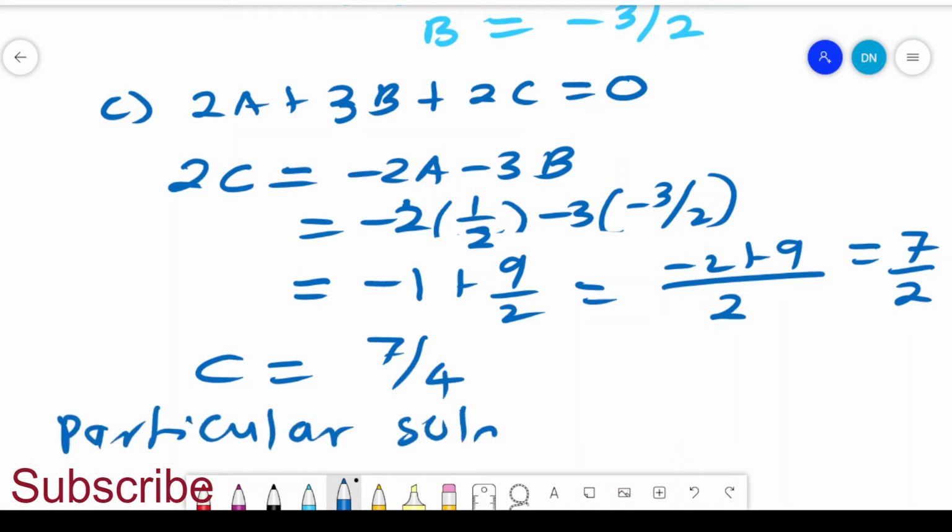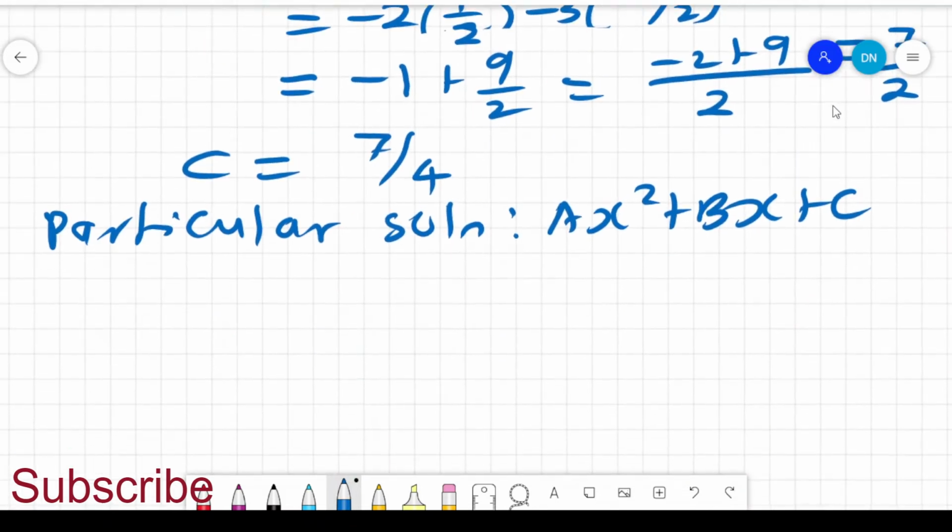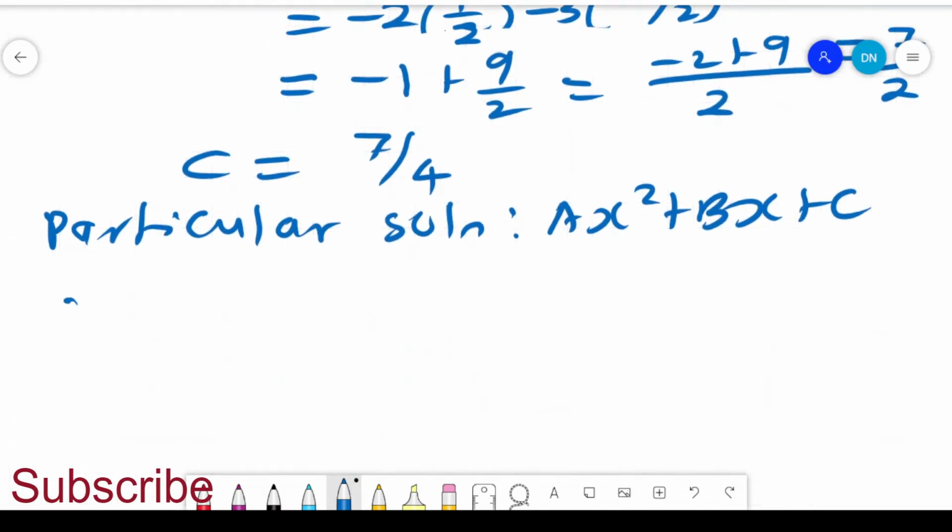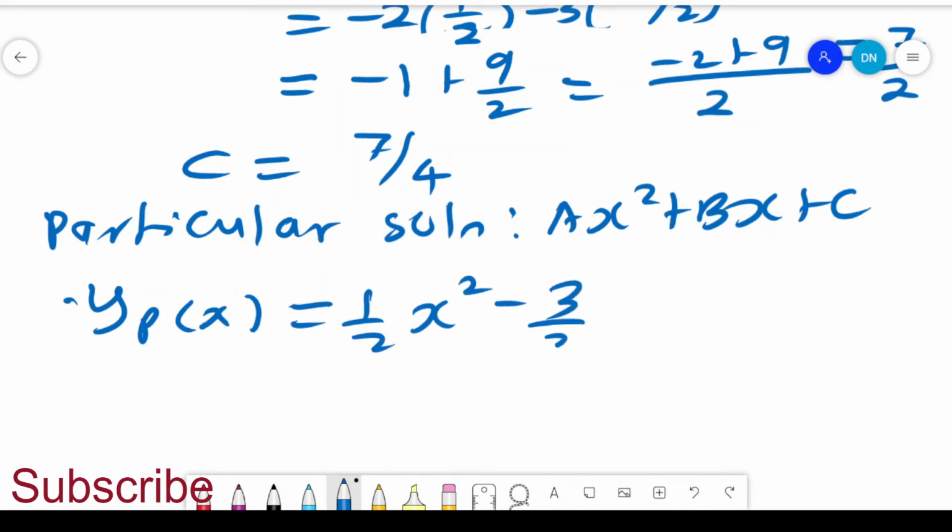Remember, the particular solution was given by ax squared plus bx plus c, because we are dealing with a polynomial of the second degree. And therefore, I could say yp will be given by a half x squared minus 3 over 2 x plus 7 over 4. And now we can get the general solution.